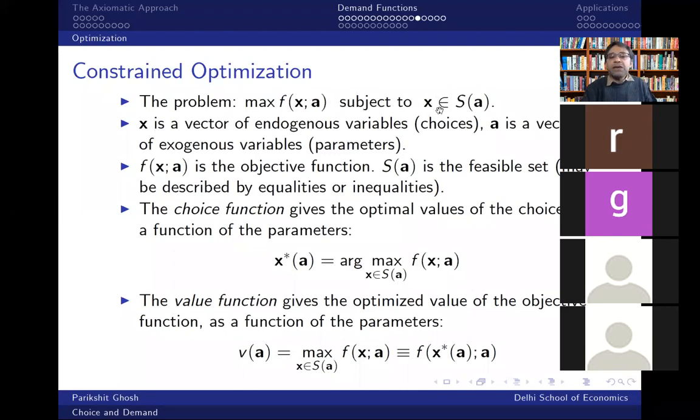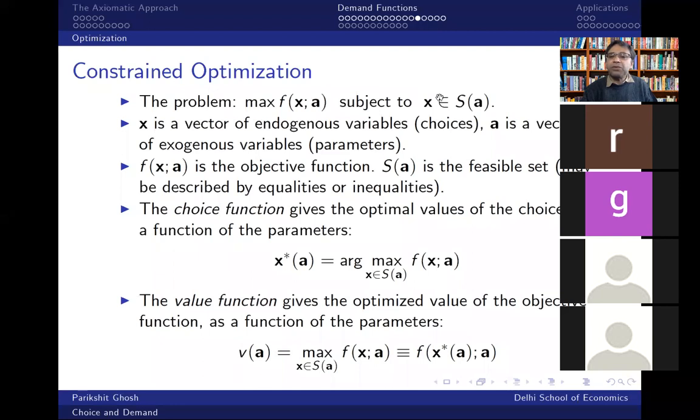Subject to some sort of feasibility constraint that X cannot be anything, right? It has to come from a certain set. In the consumer's problem, that set was the budget set, right? All bundles, all vectors, whose cost did not exceed the income of the consumer. So a general way of describing a constraint is in this form, right?